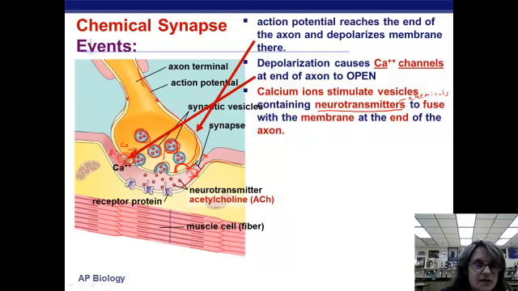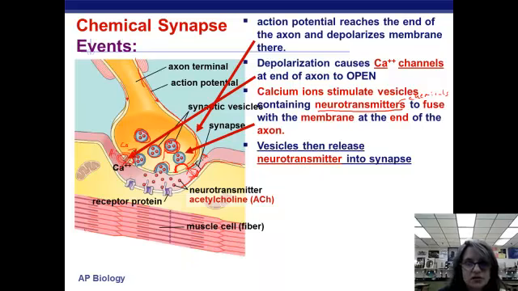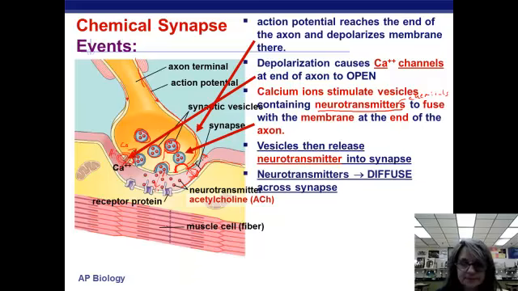Neurotransmitter. It's a chemical that is actually going to cross a synapse. Okay? So when the calcium ions stimulate these vesicles to fuse with the end of the axon, the neurotransmitter that they contain is just released into the synapse. And guess what? It's in a high concentration here, low over here initially, so they flow across the synapse, diffusion with their concentration gradient.